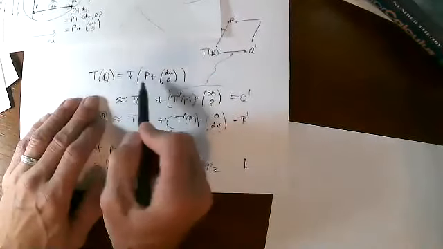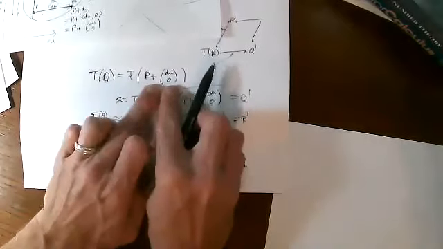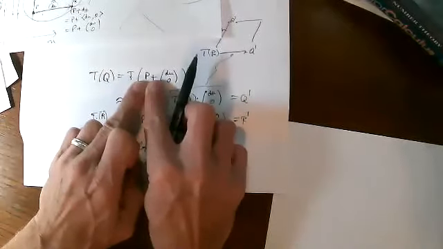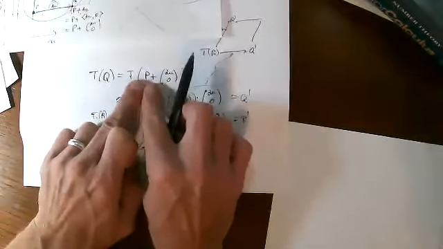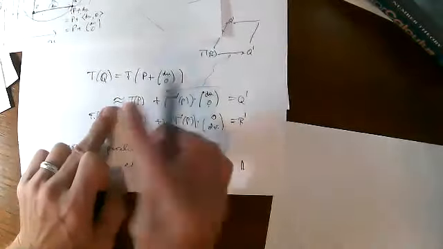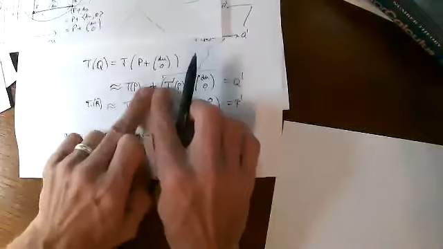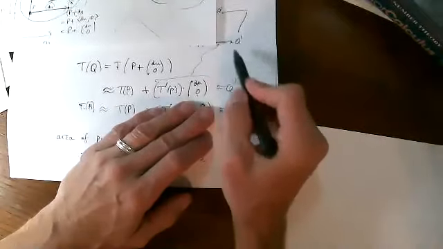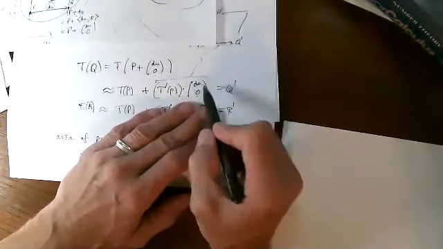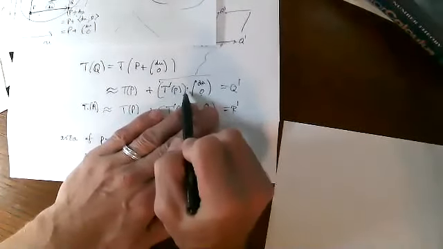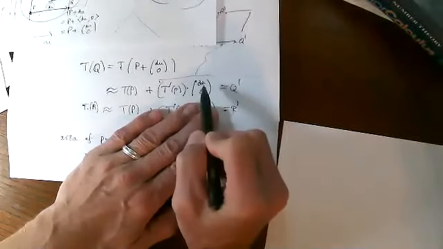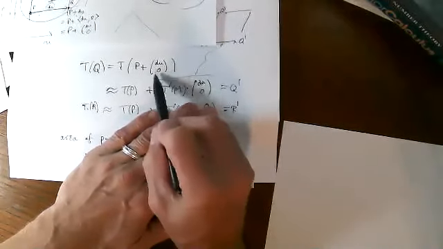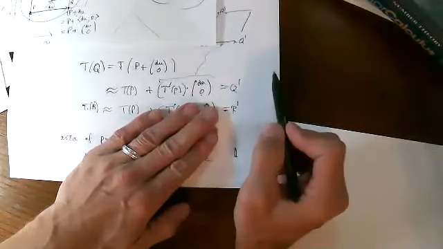Since Q is a point that's close to P, it's exactly that displacement vector away from P. T of P plus a small vector will be approximately T of P plus, and here's how you get your displacement vector on the surface. You multiply this derivative matrix by the column vector of how far you displaced yourself in the domain.